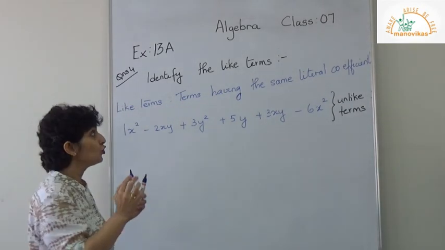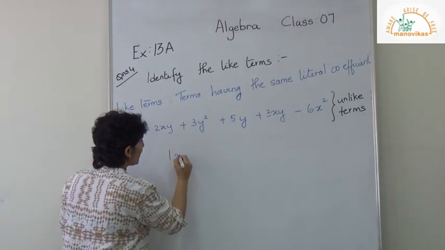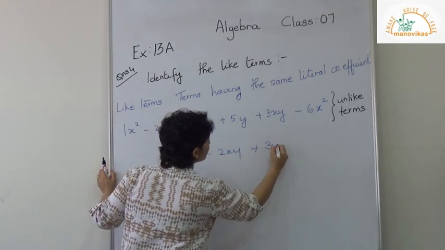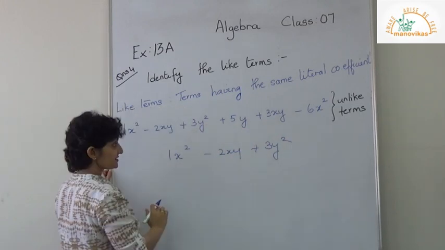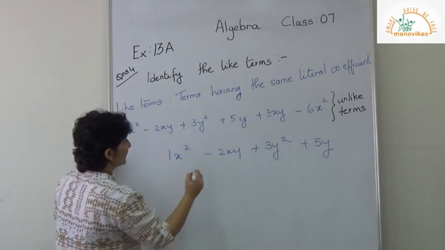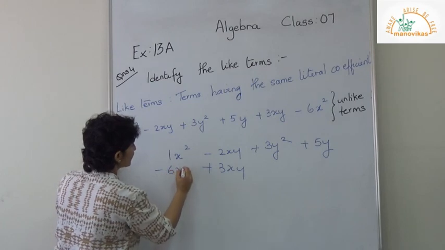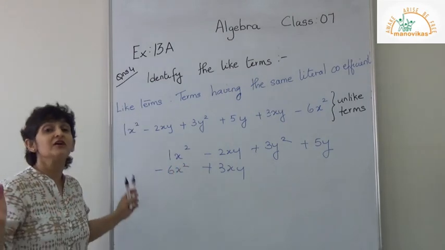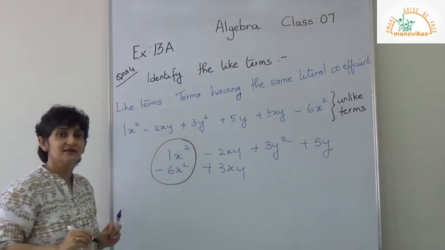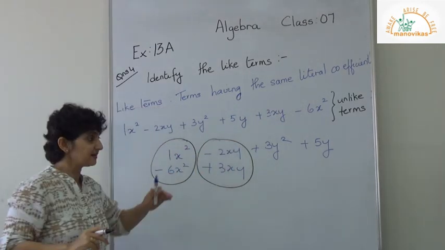Now if I need to group them into like terms, what would I do? I have 1x squared, minus 6x squared, correct. Then minus 2xy, plus 3xy. Now I have grouped them. So these two become like terms. Again, these two become like terms.